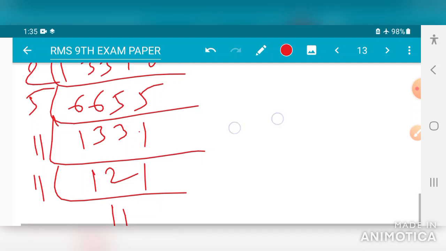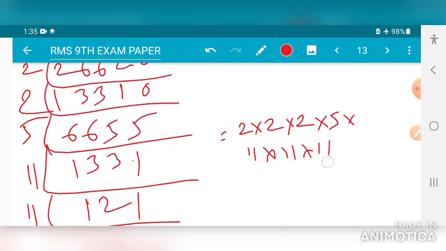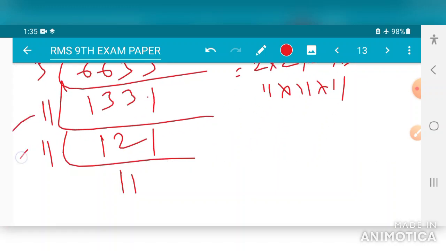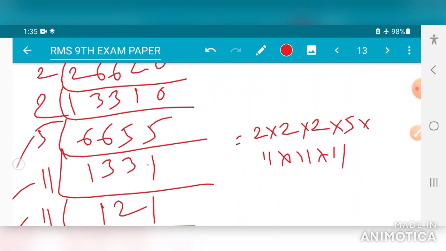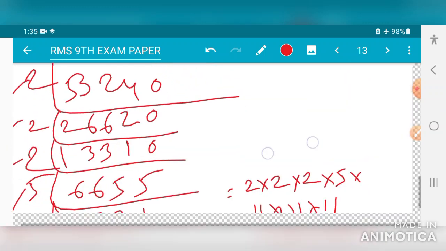So the factors are 2 into 2 into 2 into 5 into 11 into 11 into 11. Okay, three 11s, one 5, and three 2s. Right.